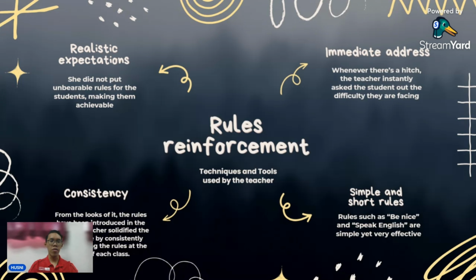So those are straightforward rules that can be achieved by even lower grade students. And then we can see that she immediately addressed any kind of hitch. Whenever there's a hitch, the teacher instantly asks the student about the difficulty they are facing. Like when the student said their desk was not clean.